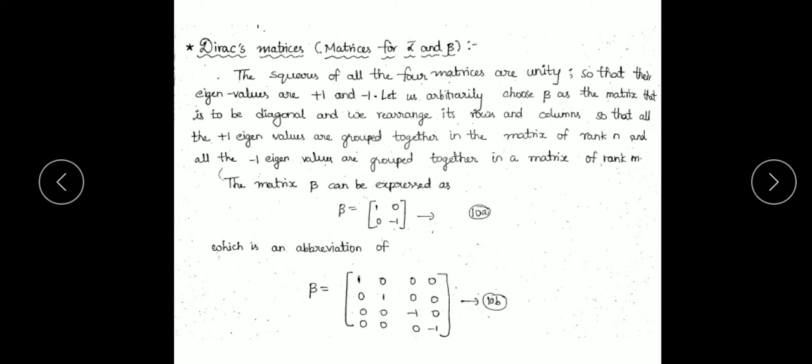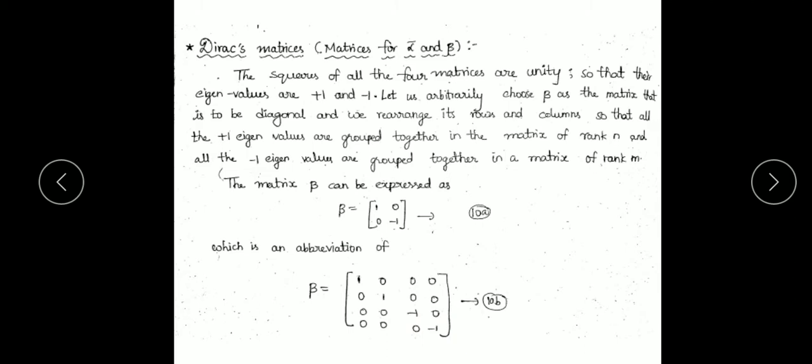So the matrix beta can be expressed in this form: 1 0 or 0 -1, or else this form. In abbreviation, I 0 0 minus I, where in place of I we have 1 0 0 1, the 0 is the null matrix, and minus I is -1 0 0 -1.